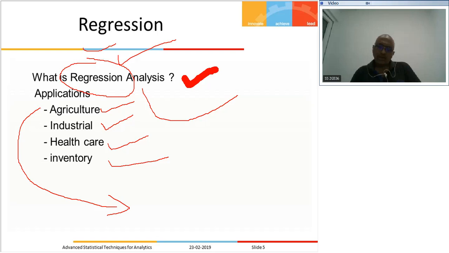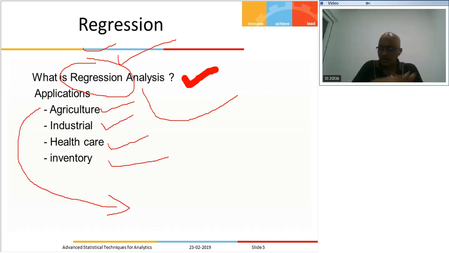A very simple example: suppose I say, if you attend classes regularly, your performance will be very good. That is an assumption I have as a teacher, that these 2 are proportional. Then how to find out?